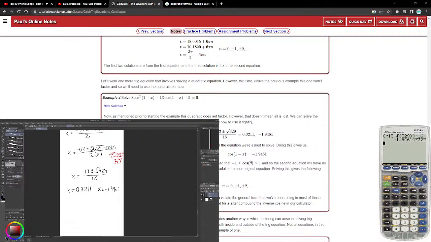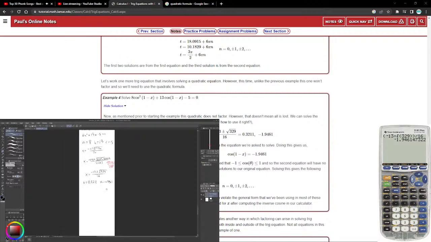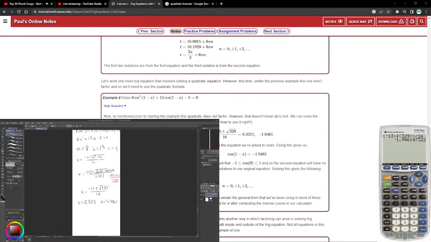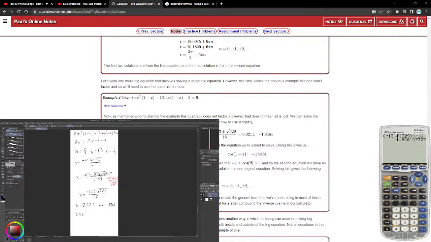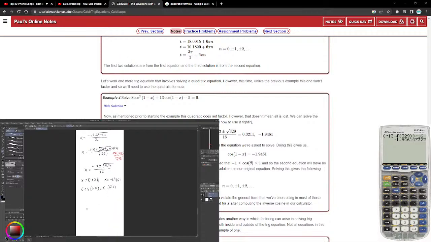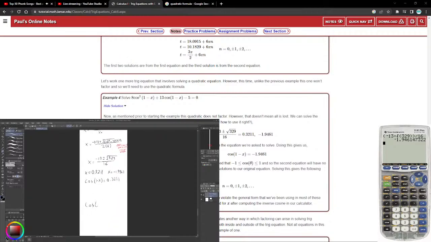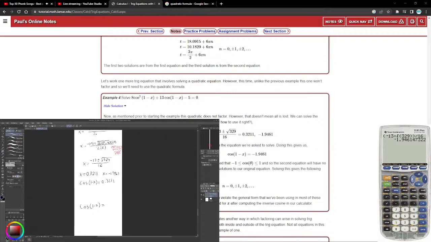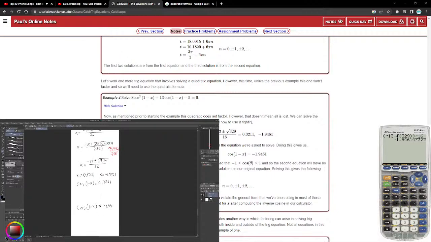Quadratic formula was the toughest part for some reason. Well, I don't know that yet, but seems like it. So the original cos(1 minus x) equals 0.3211, and cos(1 minus x) equals negative 1.9461.